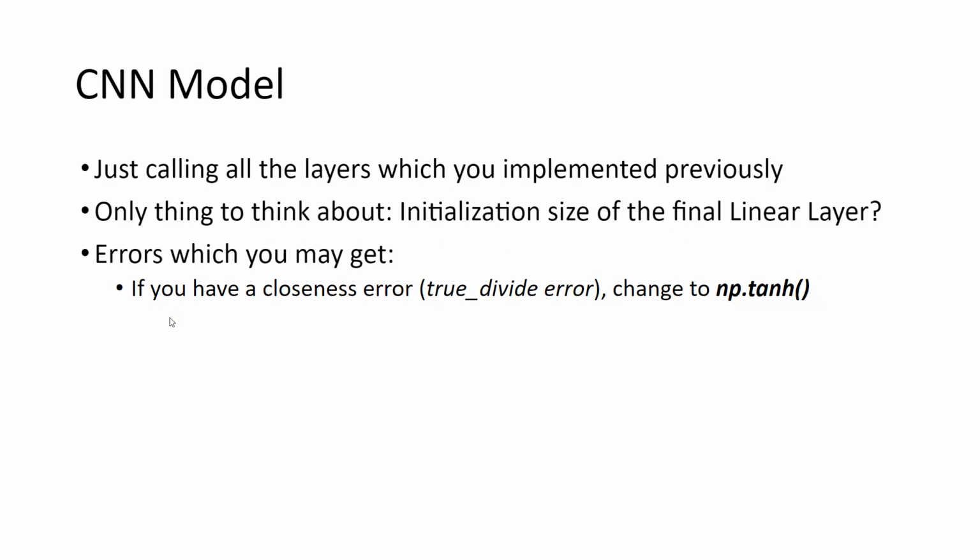Important thing to keep in mind: you would be copying linear.py, activation.py, and loss.py from homework 1P1. While you copy them in this homework, you might run into closeness errors, true divide errors, or overflow or underflow errors. That is probably because you did not account for that in implementing the tanh activation function.